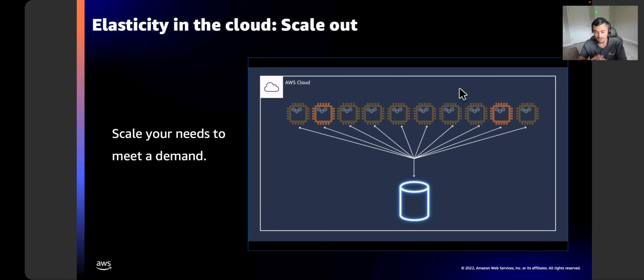The third thing we want to discuss is elasticity, and how the cloud allows us to quickly scale out to meet our demand. As opposed to running these servers on premises, where, let's say, our application goes viral and we need to quickly scale out, that's very hard to do because we would have to purchase more infrastructure.